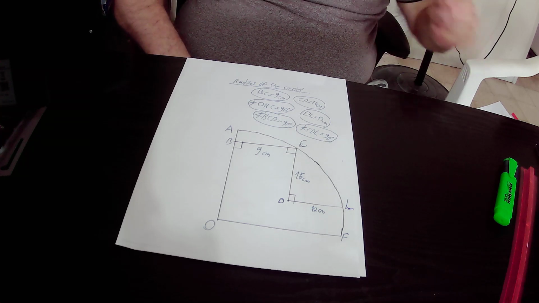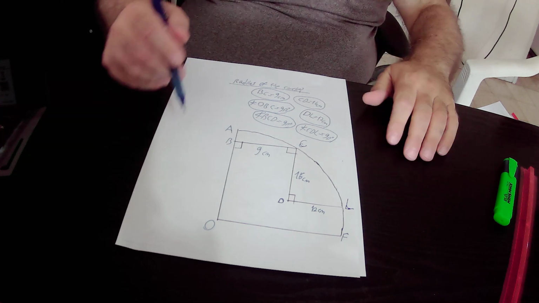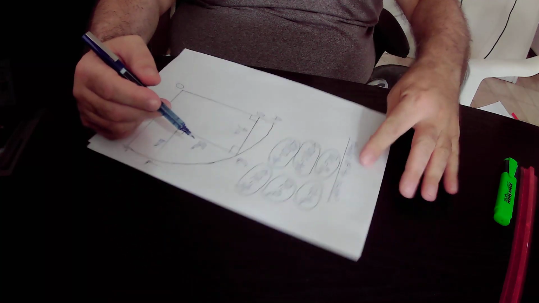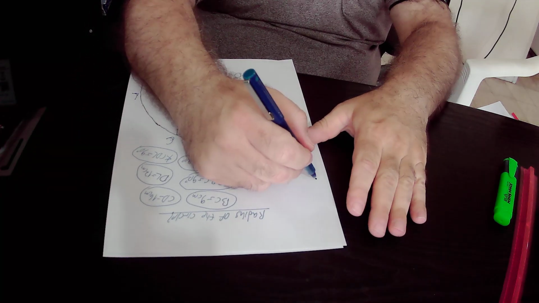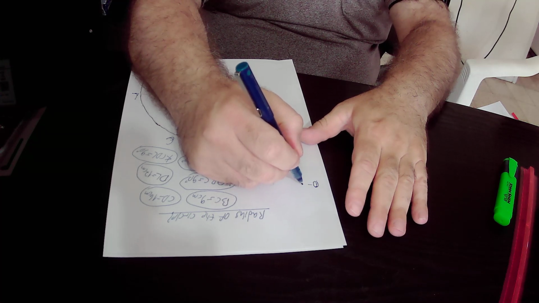Because this is a quarter circle, point O must be the center of the quarter circle. So I write it down here that point O is the center of the quarter circle.